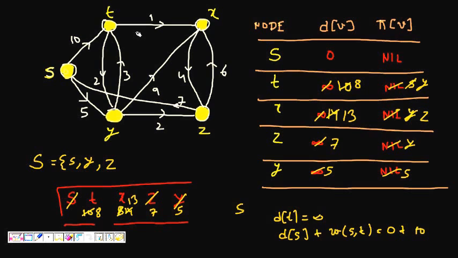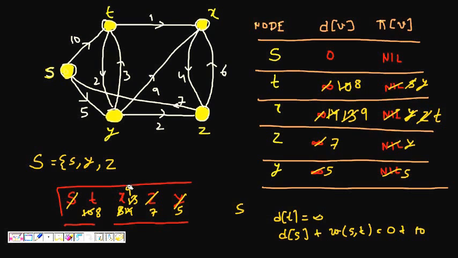From t, if I go to x, t is 8 now, so 8 plus 1 is 9. x is presently 13, so x now becomes 9 via t, so x gets updated, with the parent as t. Okay, so x is 9, and nothing else happens as such.